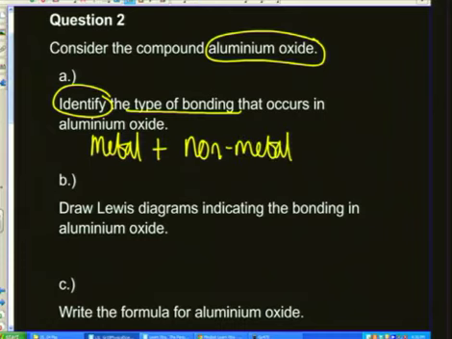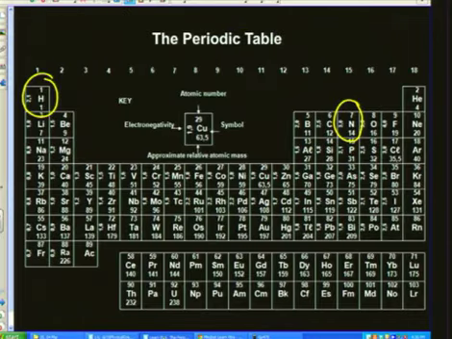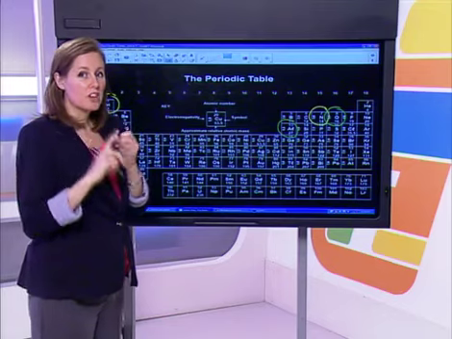So go across to the periodic table, find them. Aluminium is in group 3, and here on that, if you have a little zigzag line, that's still identified as a metal. And oxygen on this side, a non-metal. So we're identifying we've got a metal joining with a non-metal.